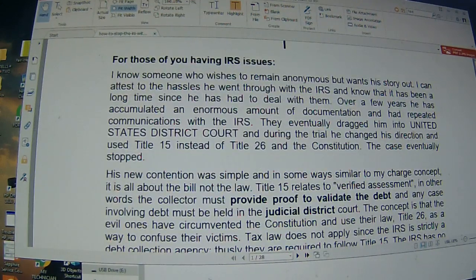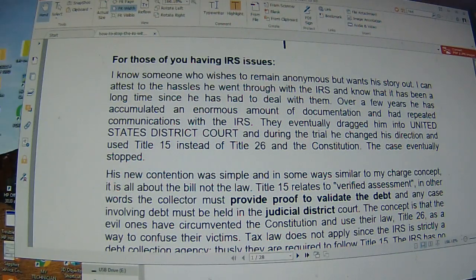His new contention was simple and in some ways similar to mine. It is all about the bill, not the law. Title 15 relates to verified assessment. In other words, the collector must provide proof to validate the debt, and any case involving debt must be held in judicial court.